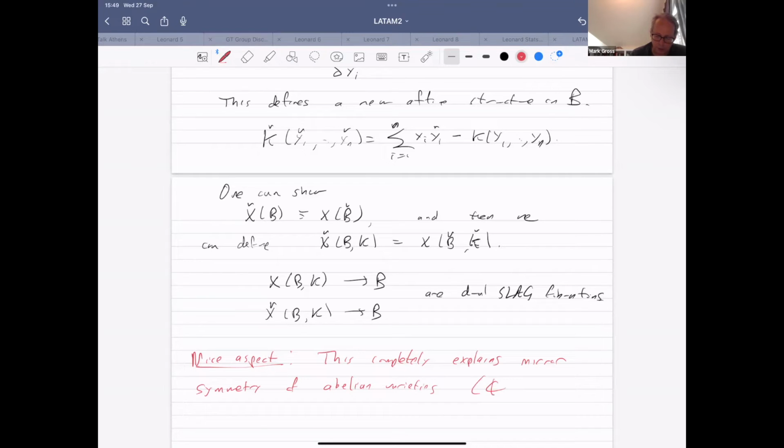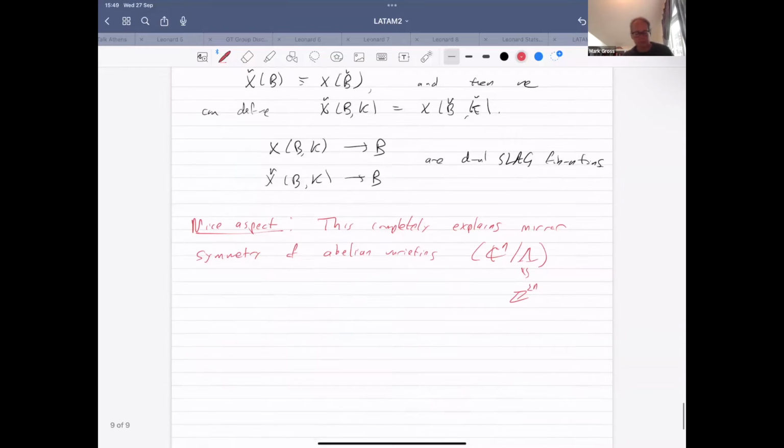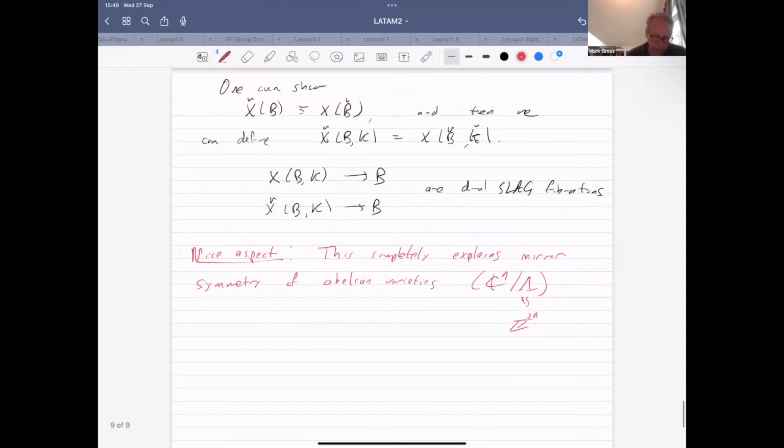Abelian varieties are varieties that are isomorphic to C^n modulo some lattice, isomorphic to Z^2n. Here we can take B to be equal to R^n, again, modulo some lattice Λ', and X of B will be one of these abelian varieties. So here B is just a compact torus.